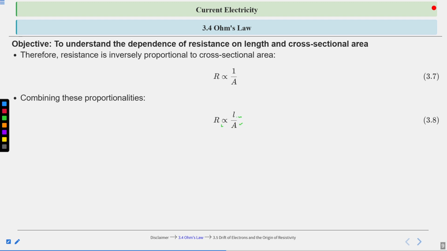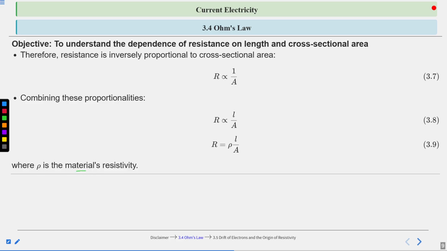Now we have to remove this proportionality as well, so what will we do? Removing the proportionality, this rho will appear as the constant of proportionality. What is this rho? Rho is the resistivity of the conductor, and it is a material property. It doesn't depend upon the dimensions of the conductor, only upon the material of the conductor, where rho is the material's resistivity.